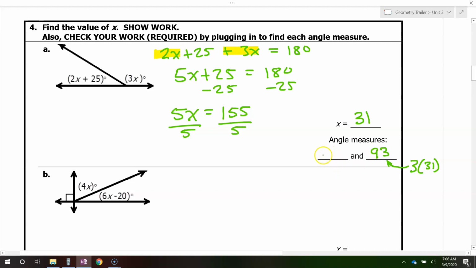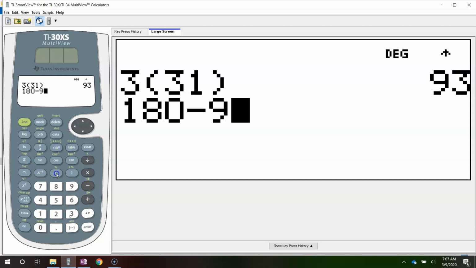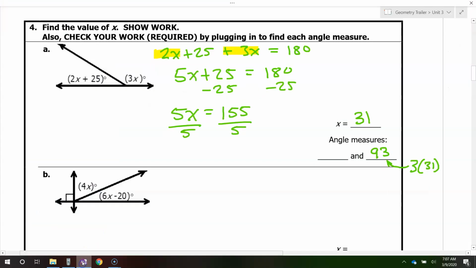Okay, which means that the other side has to be supplementary. I could plug in, maybe I will. So if I'm confident about the 93, I can just do 180 minus 93. Okay, so 87.